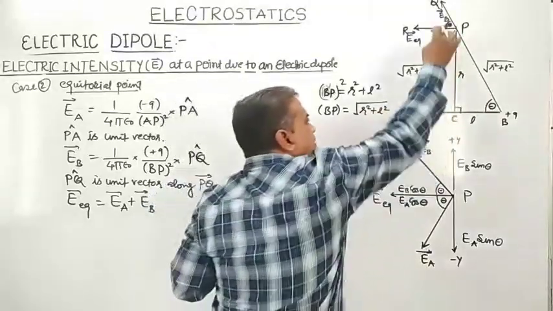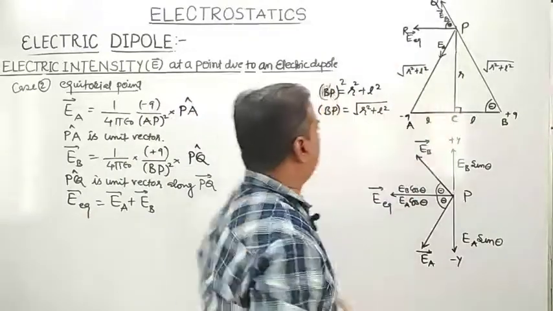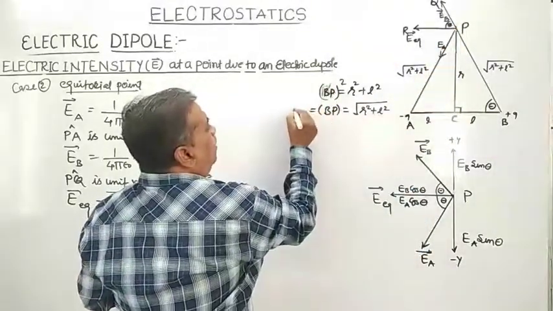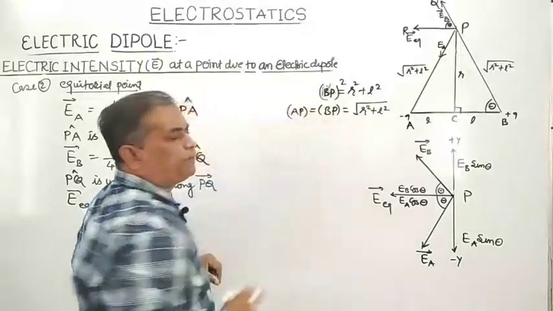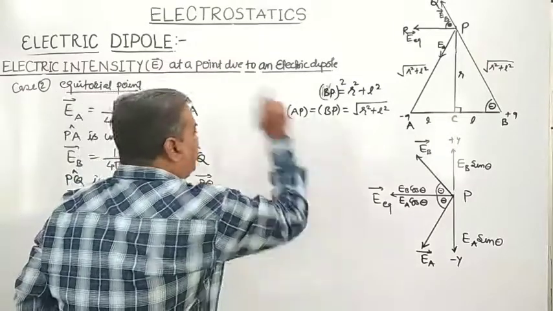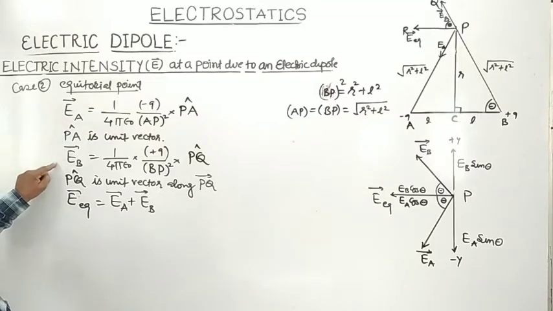And same is the situation for right angle triangle ACP. Here you will get AP is equal to under root of R square plus L square. So you can put the value of AP or BP in the expression for electric field intensity EA or EB.